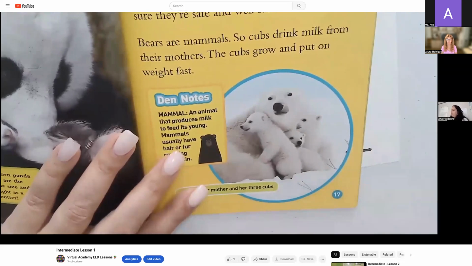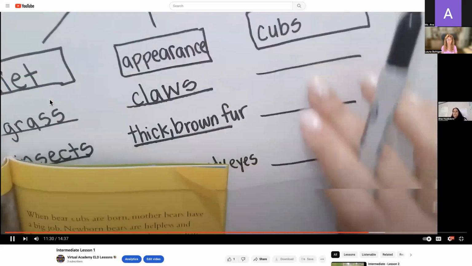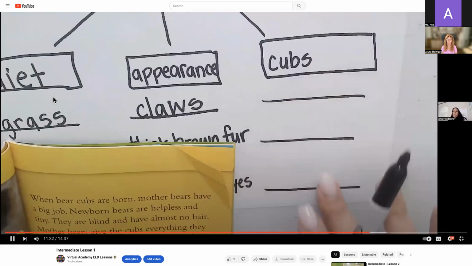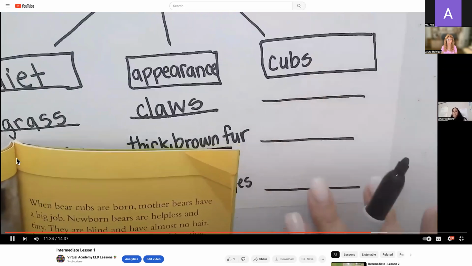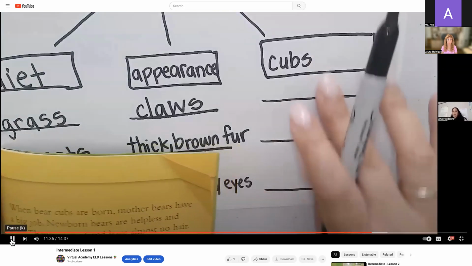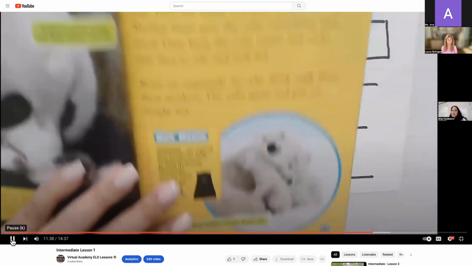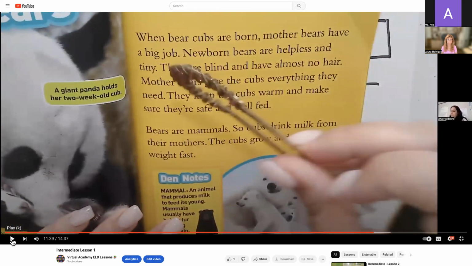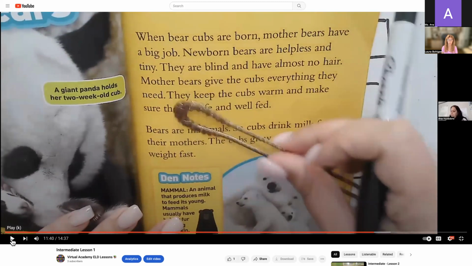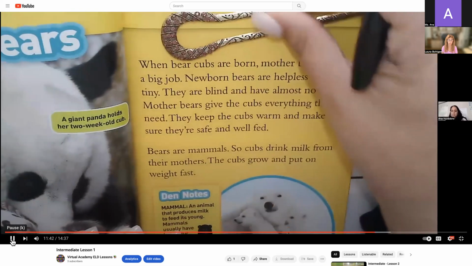I'm going to go ahead and have you pause for a second, and any information that you choose to write down from this page of the text, you can write it down here under cubs. Okay, I'm going to give you 30 seconds to fill it out with any information.